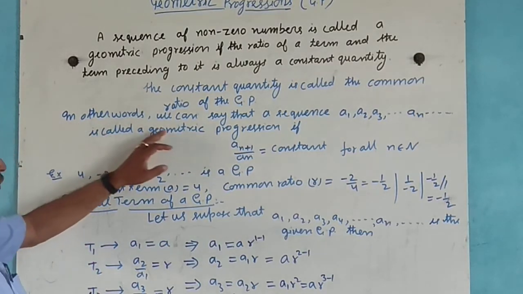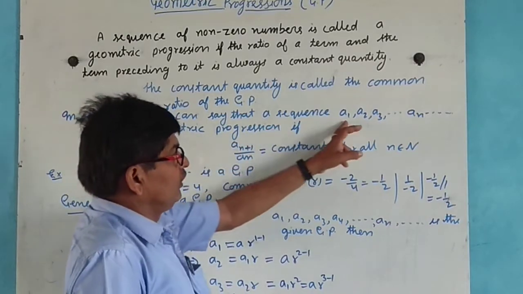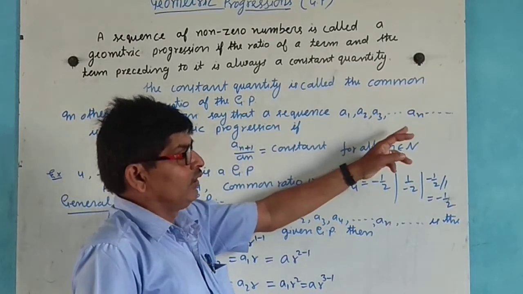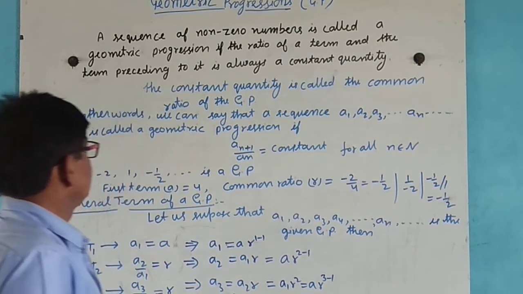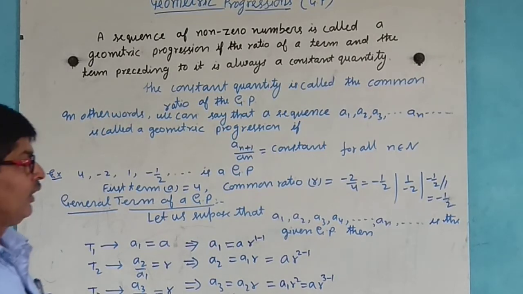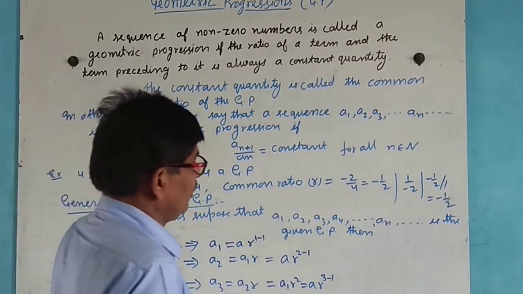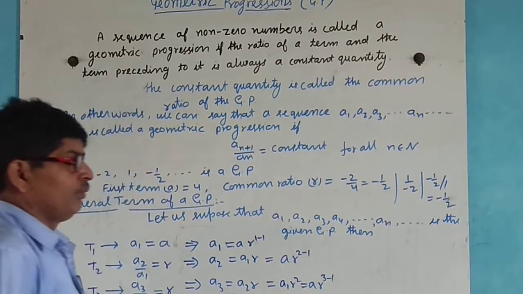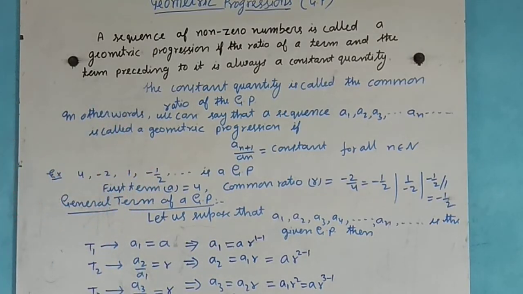In other words, we can say that a sequence A1, A2, A3, ... An, ... is called a geometric progression if An plus 1 divided by An is a constant for all n belonging to natural numbers.